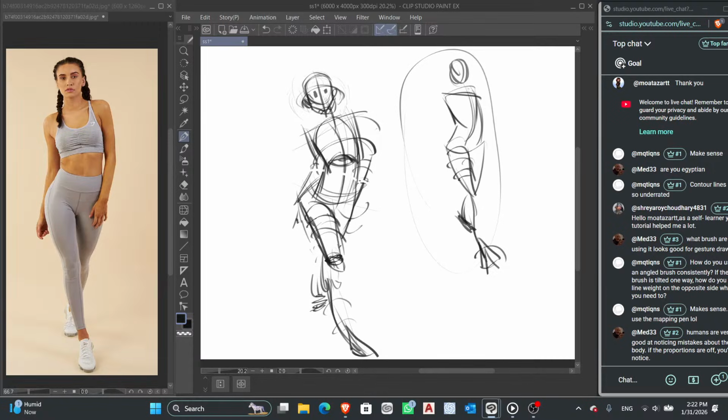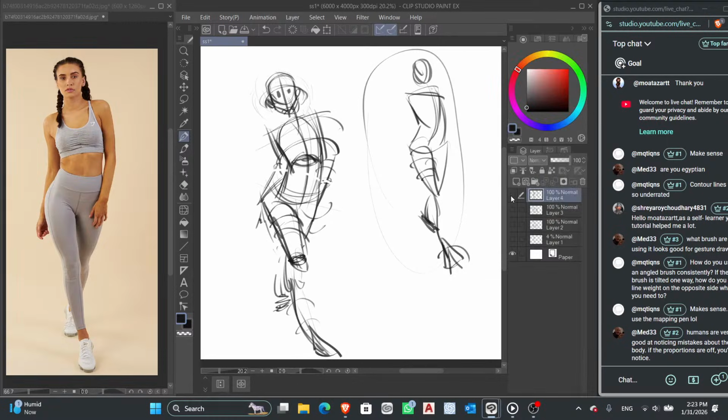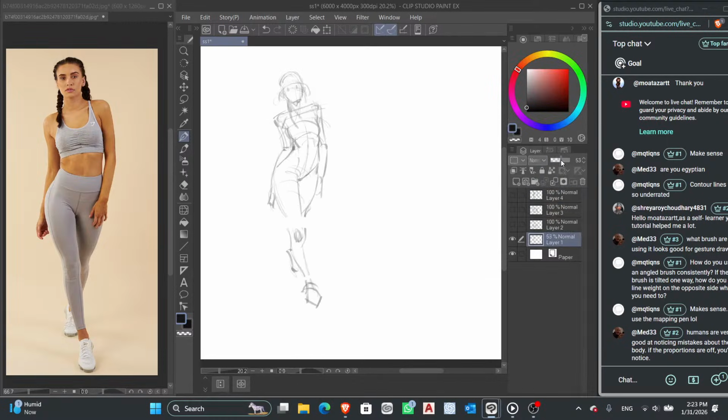Okay, guys. So the hardest part, and I'm pretty sure it is the hardest part, is how you can actually add anatomy to this stage. Because actually, when I finish this stage, I go for the anatomy, like this one, as you see in here. From here, I go for the anatomy.